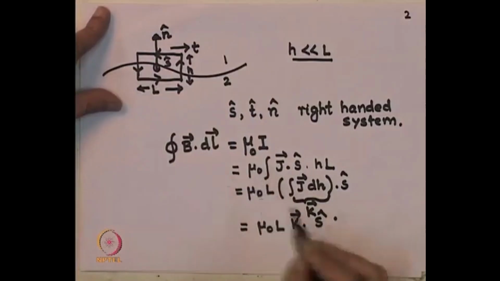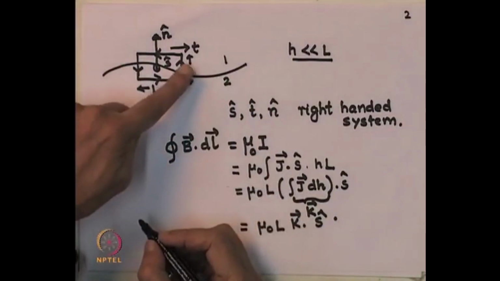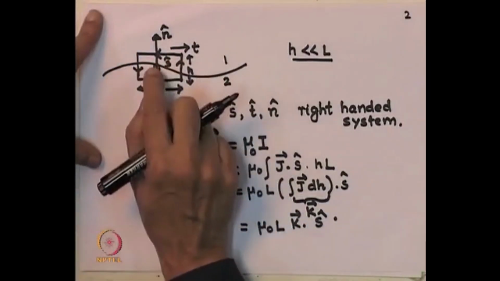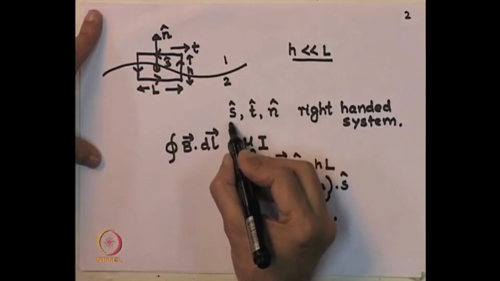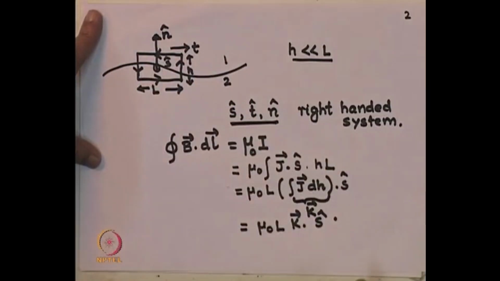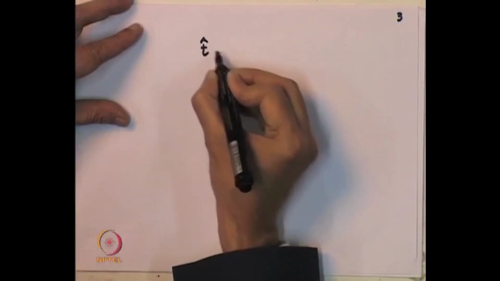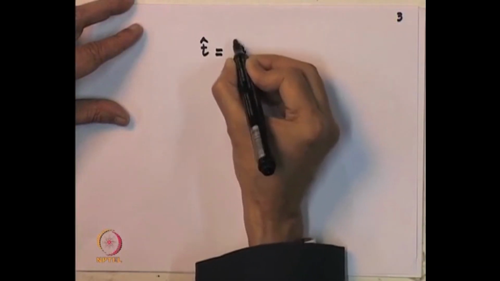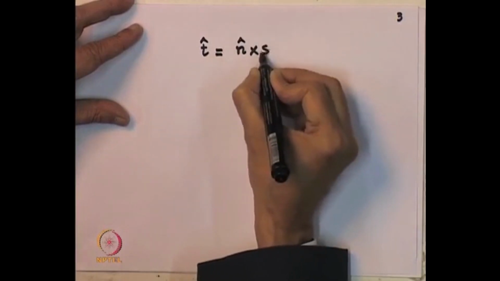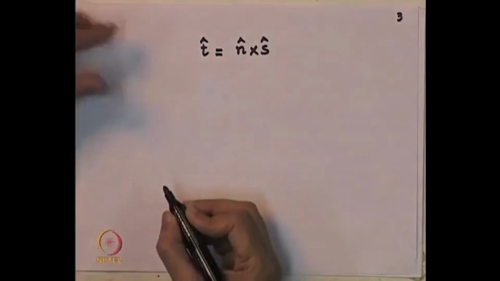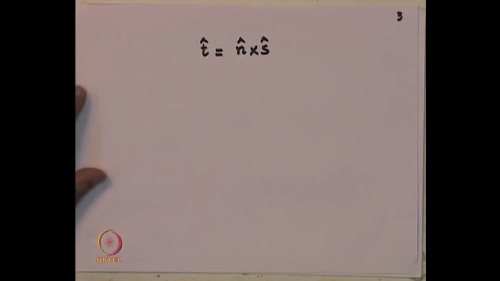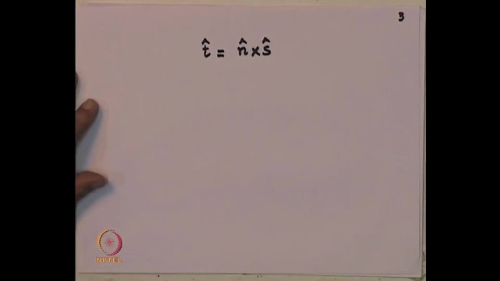Since this is along minus t, and S, T and N form a triad, T is equal to N cross S. You notice that my direction of the Amperian loop was along minus t direction.